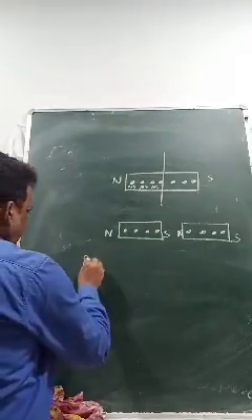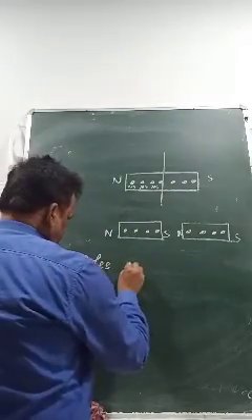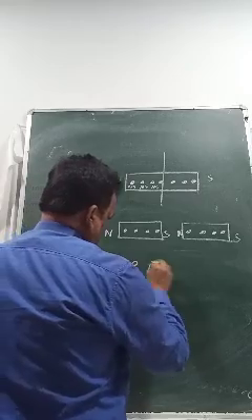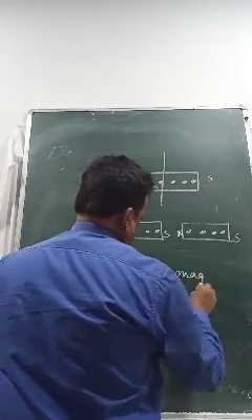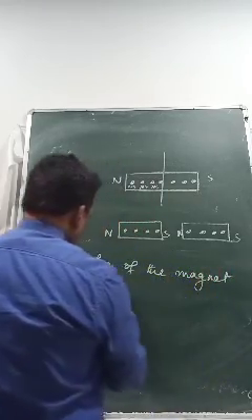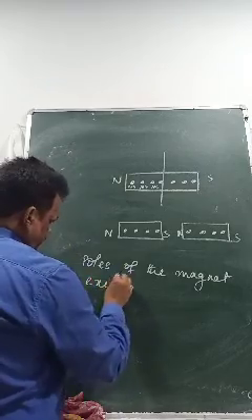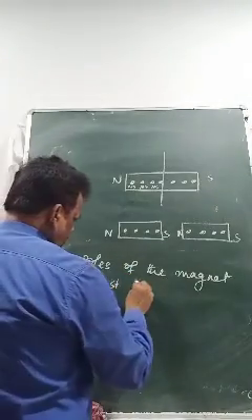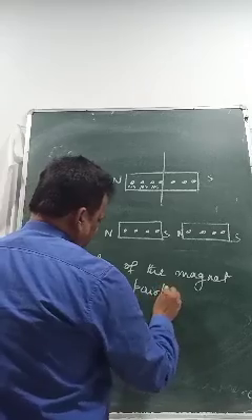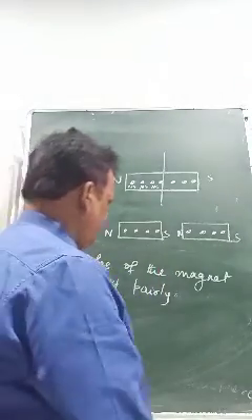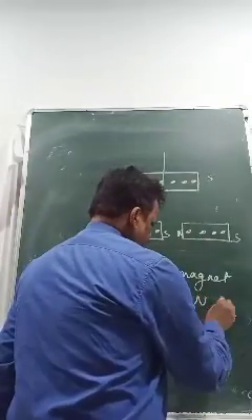You can write: poles of the magnet exist pairly, north and south.